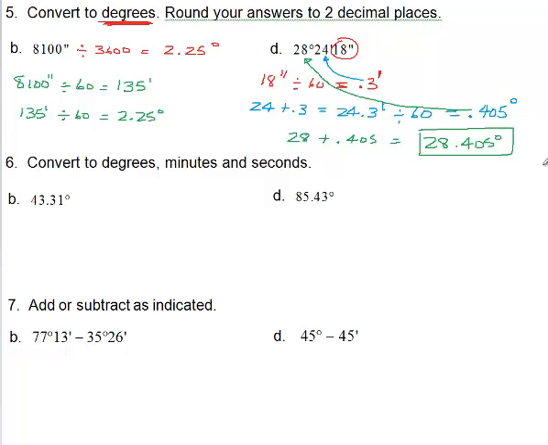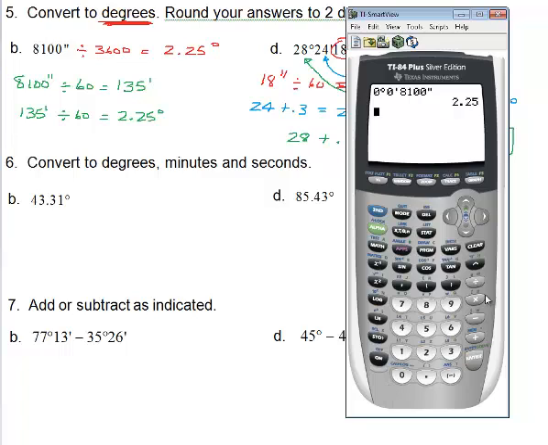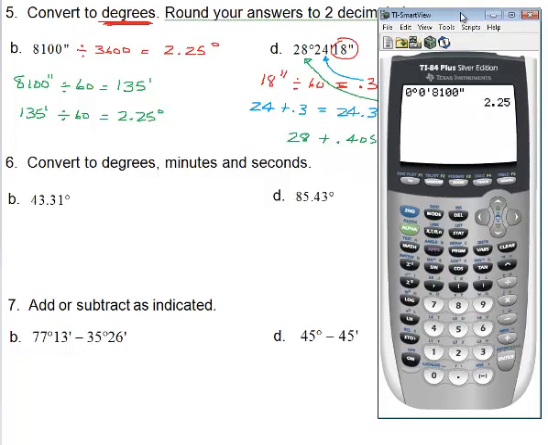Alright, let's see that on the calculator now. Again, if we want it as degree, minute, second, you have to type the degree, the minute, the second, each separately. Let me just move it over a little bit here so we can see it. So it's 28 degrees, so 28. Now hit your degree button, which is second, angle, enter. Then 24 minutes, second, angle, go down to number 2, minutes.